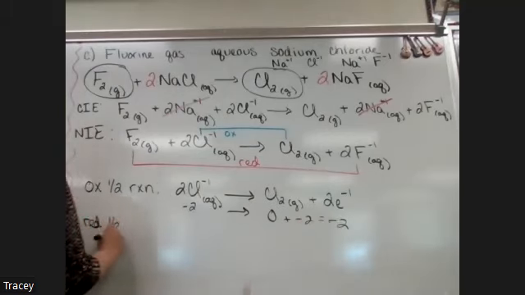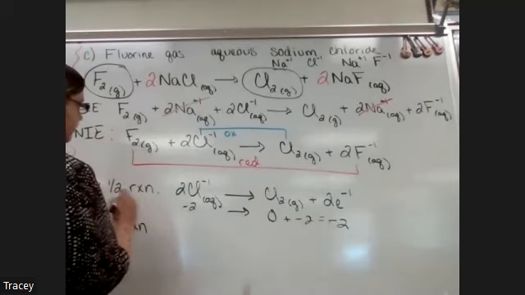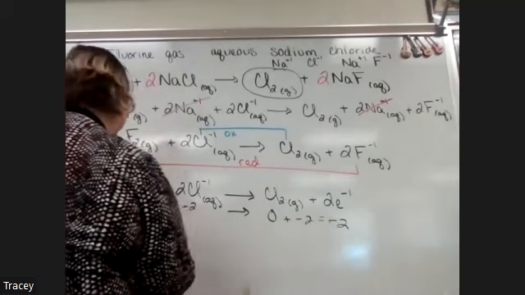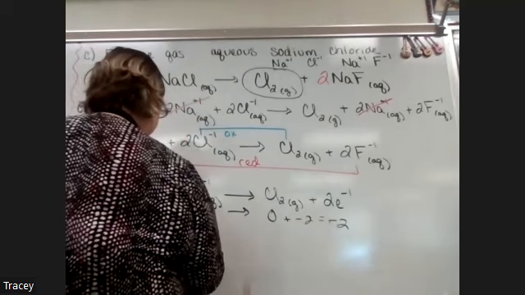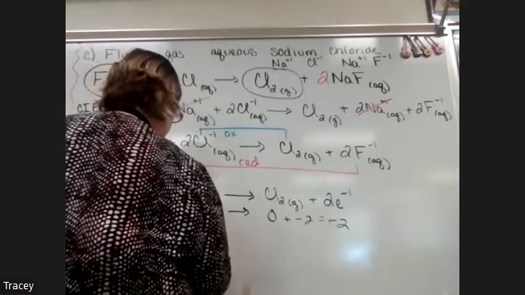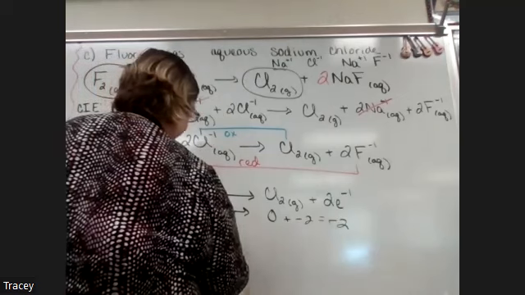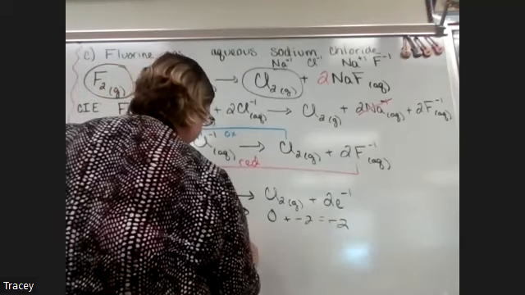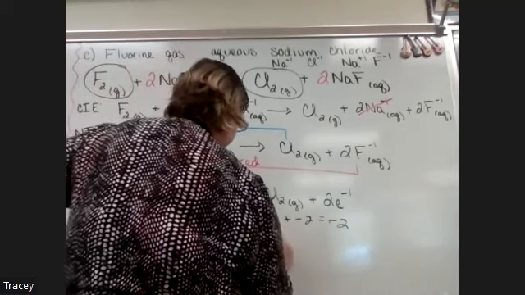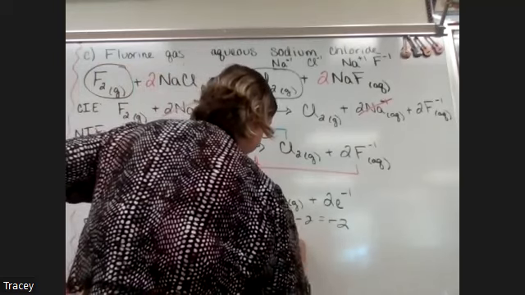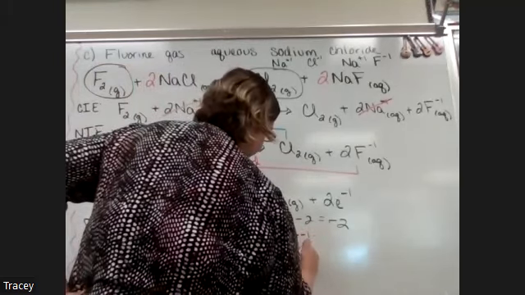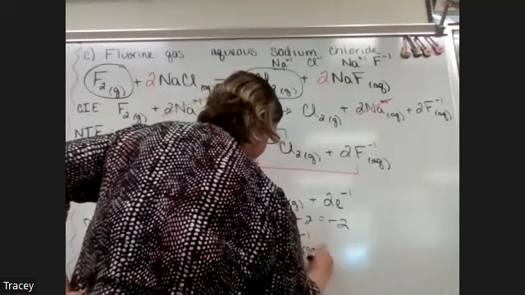The reduction half reaction is then going to be the fluorine gas. Blindly react that with your 2 electrons. And that's going to yield your 2 fluoride -1 ions aqueous.